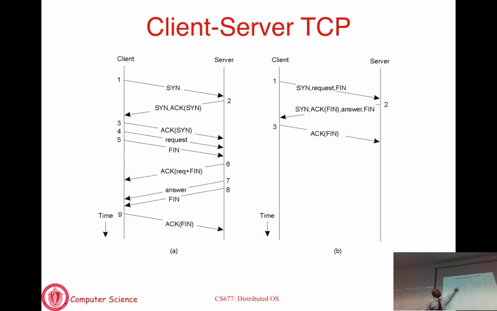So that SYN comes, and there's an ACK to the original SYN. And then the client is going to send an acknowledgement to the SYN saying, yes, I received your SYN packet. So these three packets have to be exchanged. This is called a three-way handshake in the TCP world. These three packets have to be exchanged before any real communication can start.